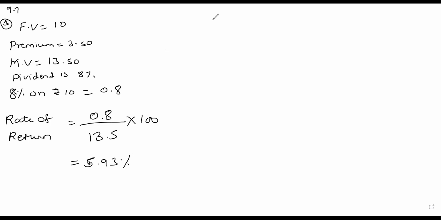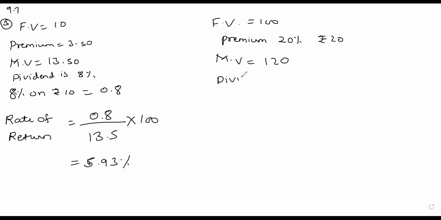So regarding the second share, face value is 100. Premium is 20%, that is rupees 20. So market value is 120. Dividend is 7%. So 7% on 100, that is rupees 7.